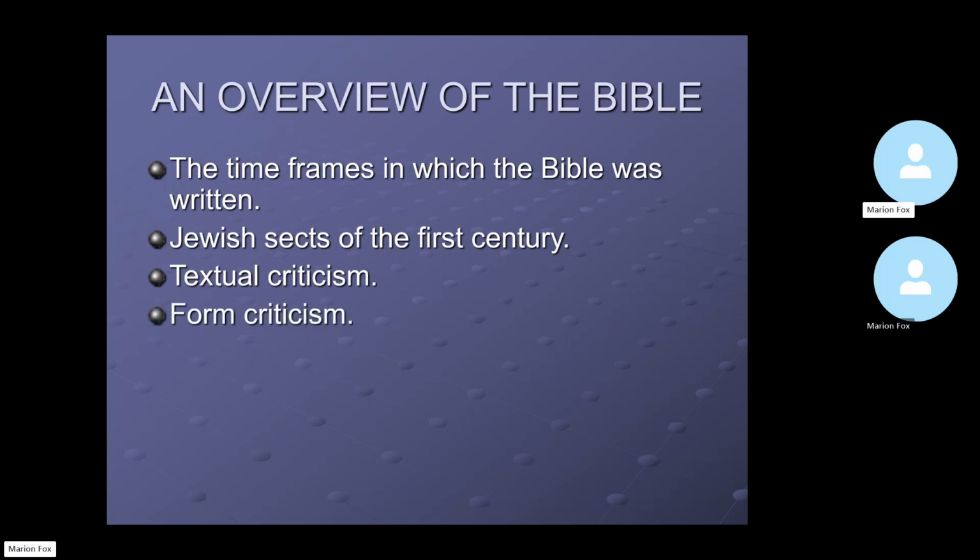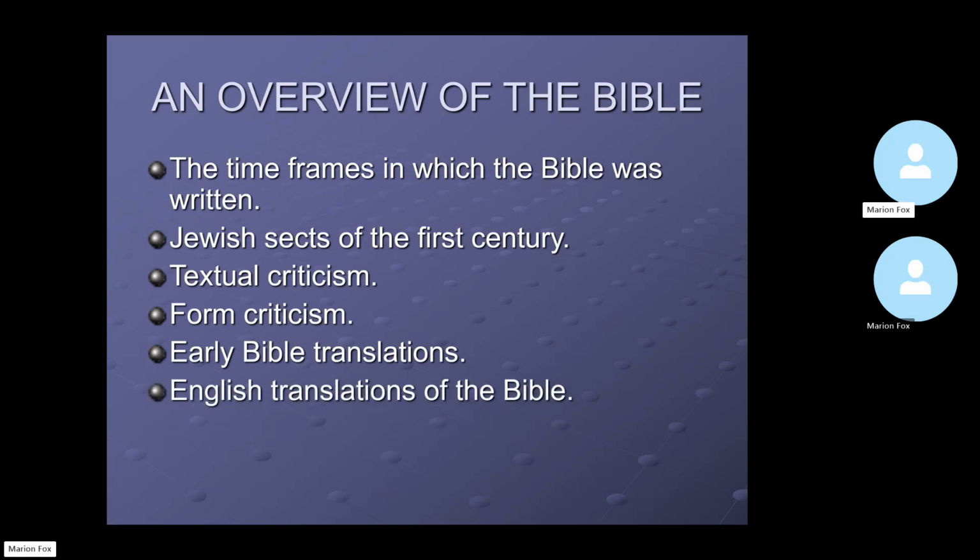And we'll look at form criticism. We're looking at some other aspects of source criticism, it's called, and we'll be studying that a little bit too. We'll be looking at some early Bible translations, and we'll study them. And various English translations of the Bible, because there are a number of English translations, which gives kind of a history of that study.